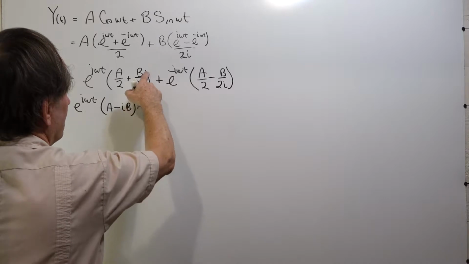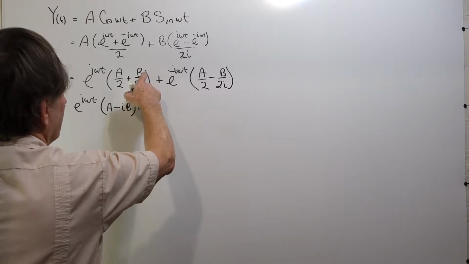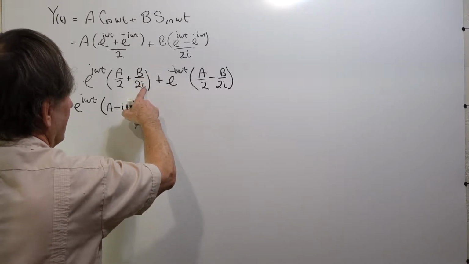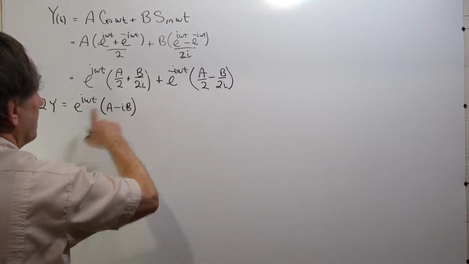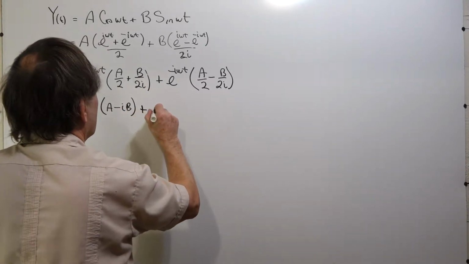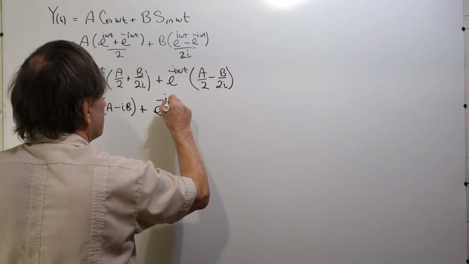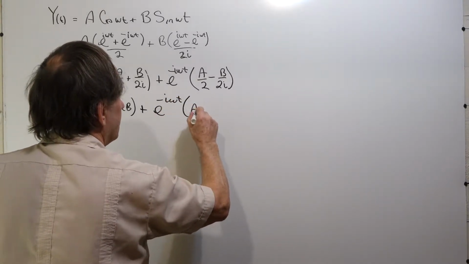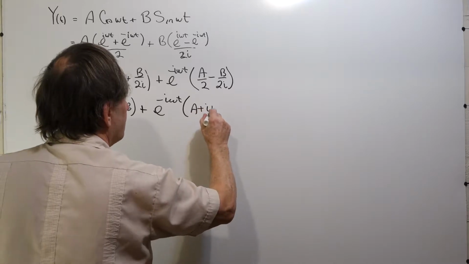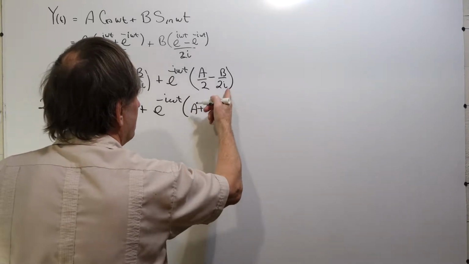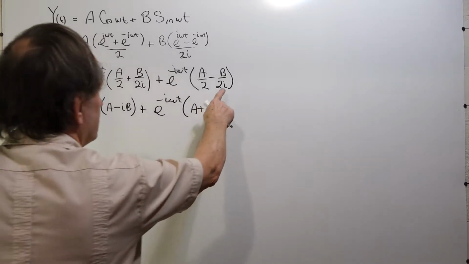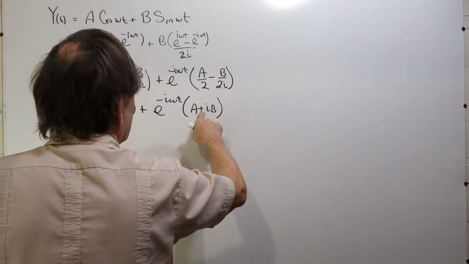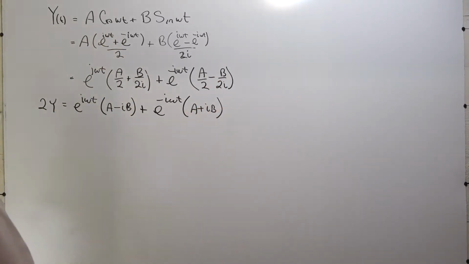If I multiply numerator and denominator by j, the numerator has j, the denominator has j squared, which is a minus 1. And then we have e to the minus j omega t times a plus jb. The same thing happens here. When we bring the j up, we change the sign and we get a minus minus, which gives us a plus.